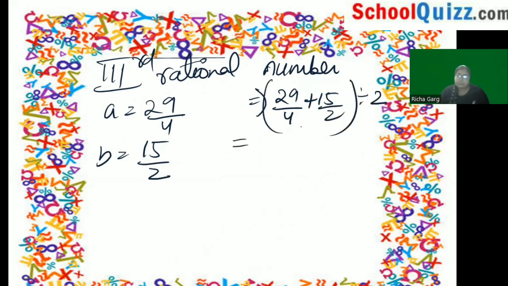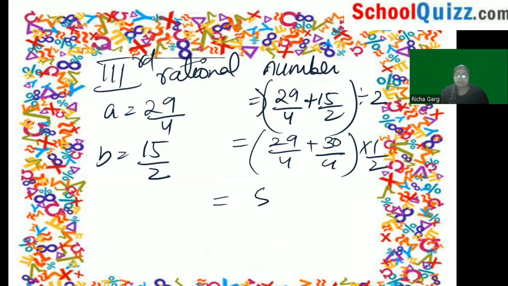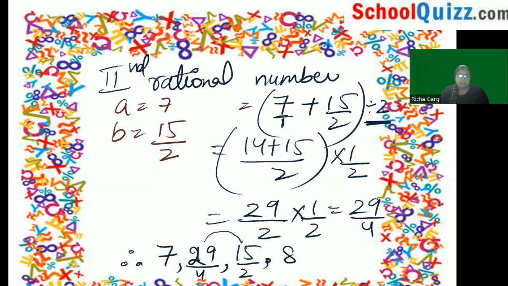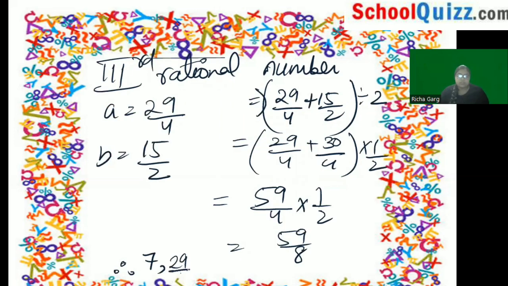The LCM of 4 and 2 will be 4. So (29 by 4 plus 30 by 4) multiplied by 1 upon 2. It will be 59 by 4 multiplied by half. That will be 59 upon 8. So my 3 rational numbers now will be 7, 29 by 4, 59 by 8, 15 upon 2, and then 8.